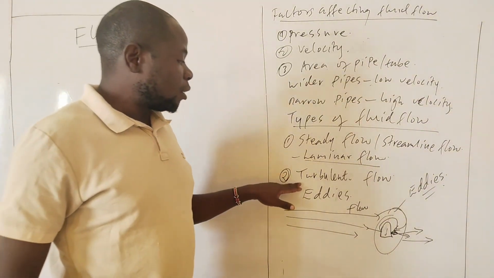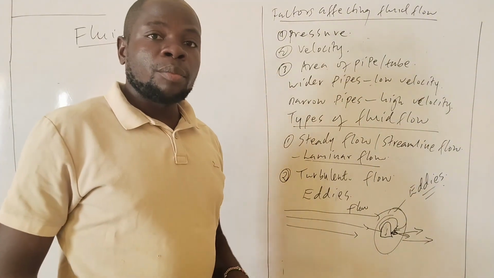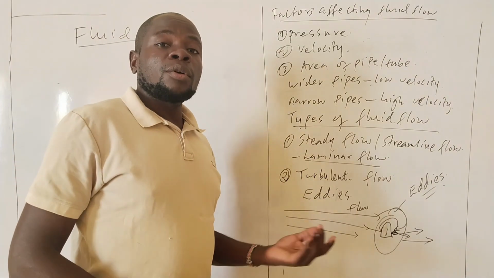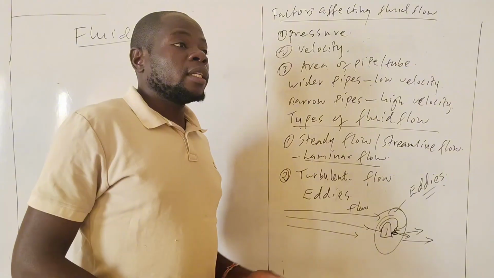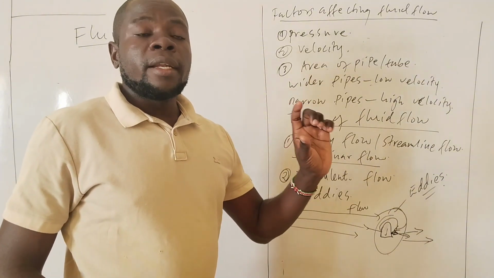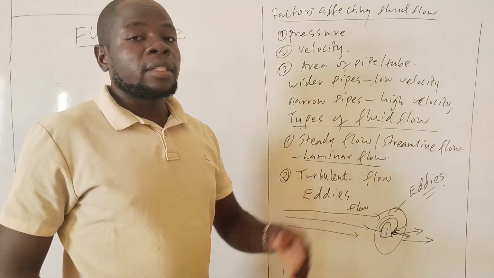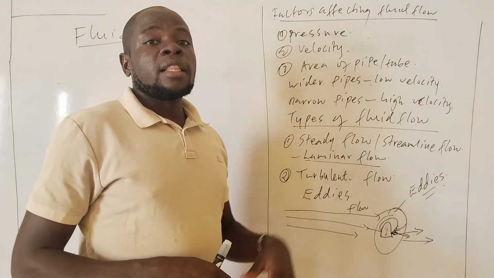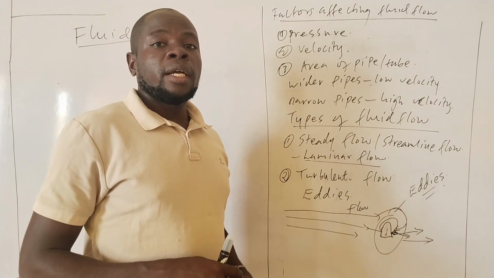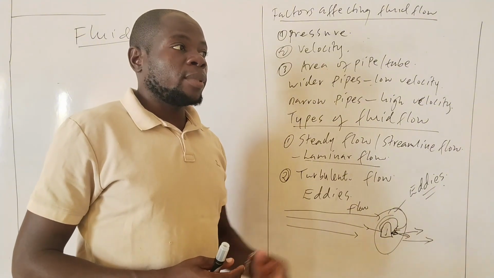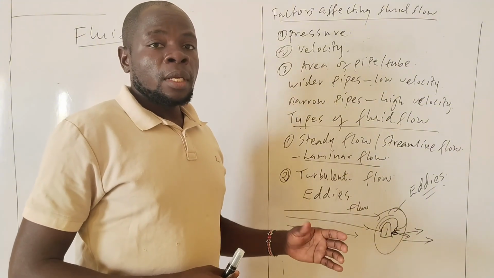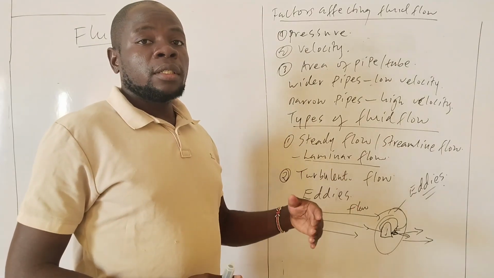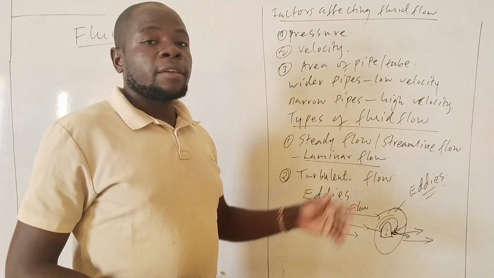Then type 2, we have turbulent flow, and this is where the flow is disorderly. Disorderly in a sense that the particles are not moving in the same direction. You'll find others going in the opposite direction, and the velocity also is not the same across the particles. So this exhibits when you put an object in streamline flow.